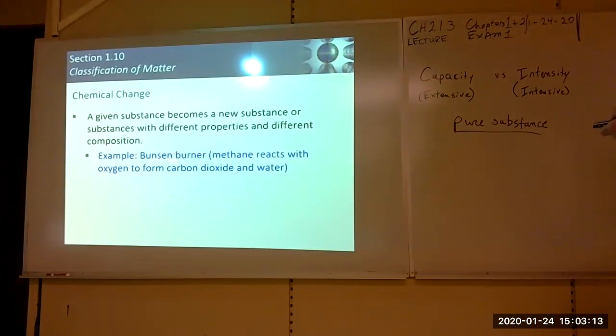You might be burning methane. And when methane reacts with oxygen, methane disappears, oxygen disappears, and you end up with carbon dioxide and water as the products. Okay. Now, if you're using propane, you just substitute propane for this. It reacts with oxygen and also produces carbon dioxide and water, but in different ratios. But that's a chemical change.